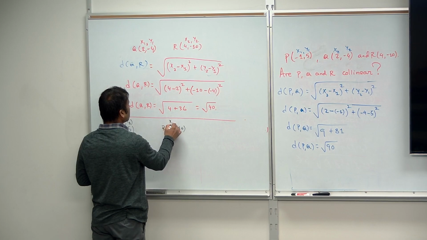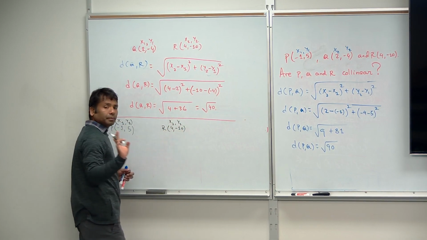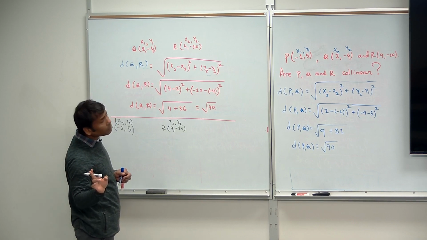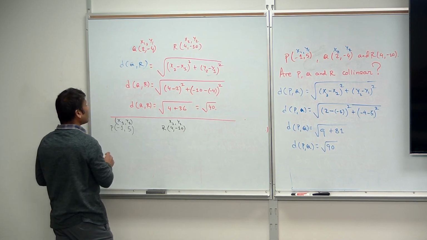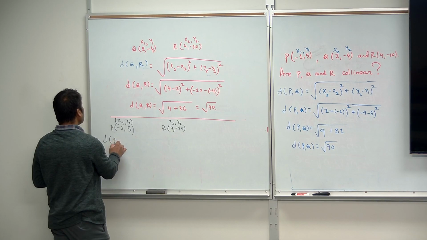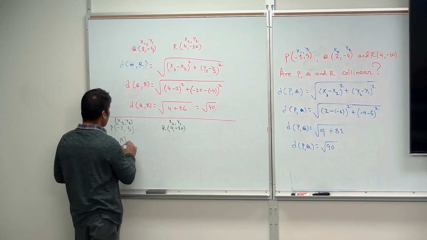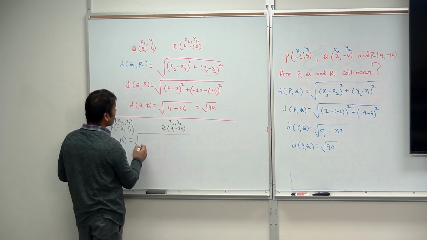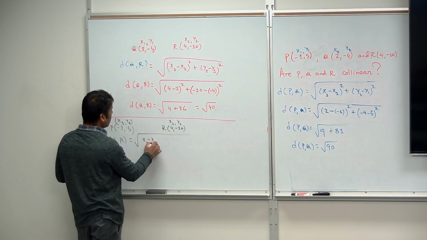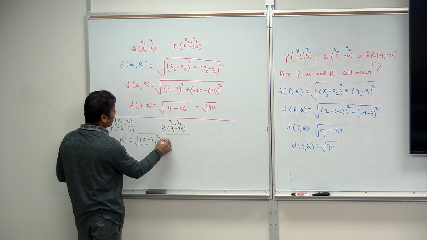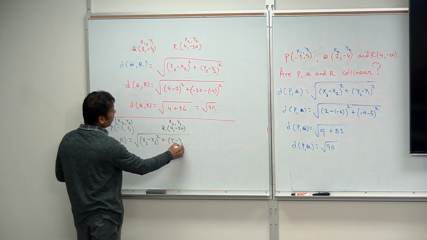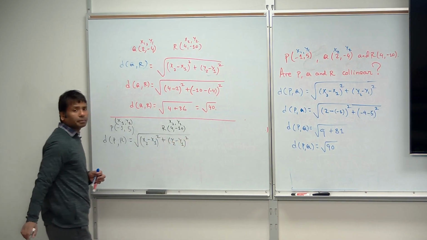I will consider this as x2, y2. Right? So now the distance between PR is radical x2 minus x1 squared plus y2 minus y1 squared.